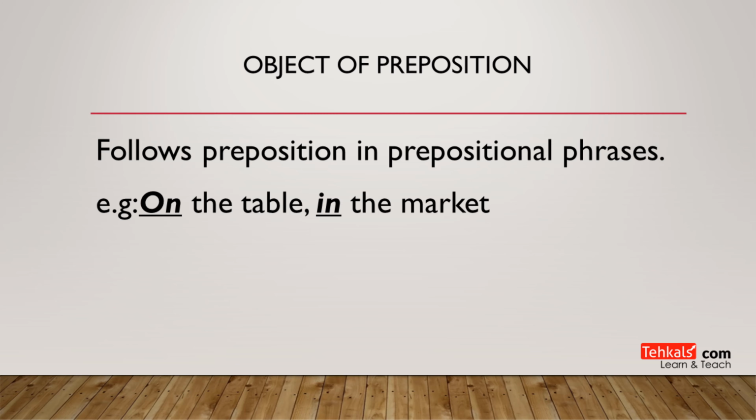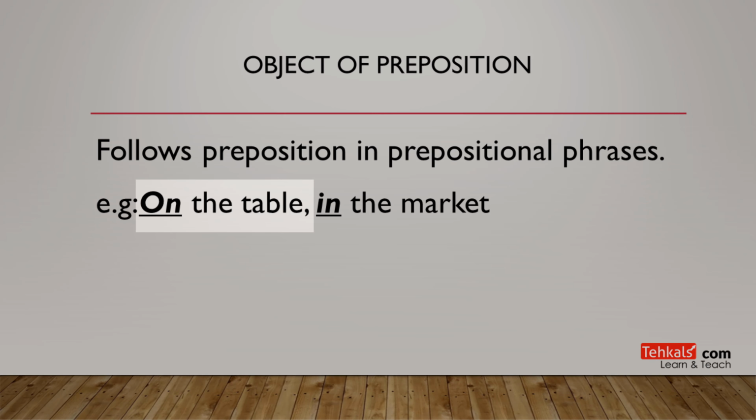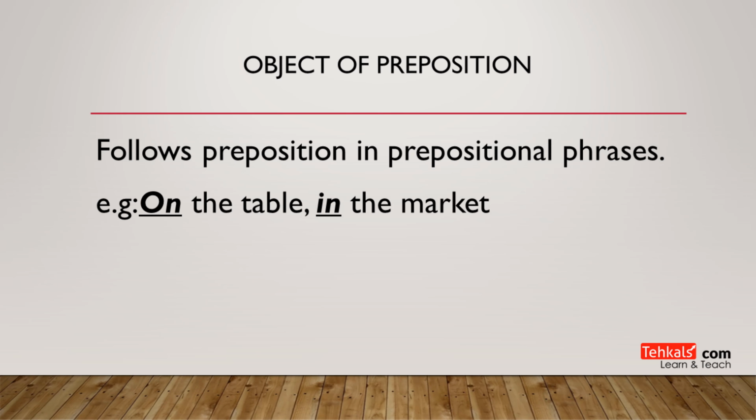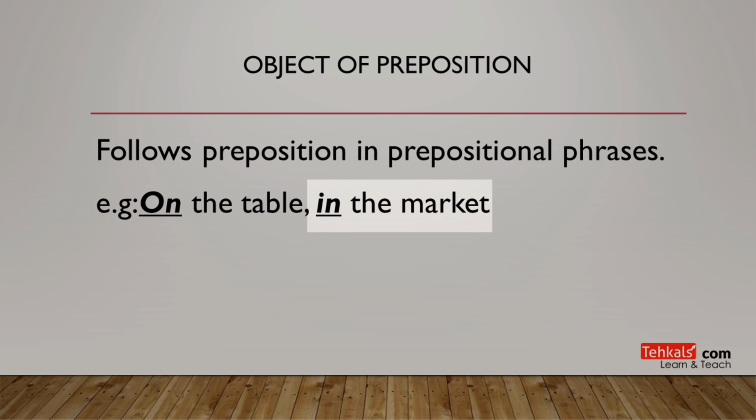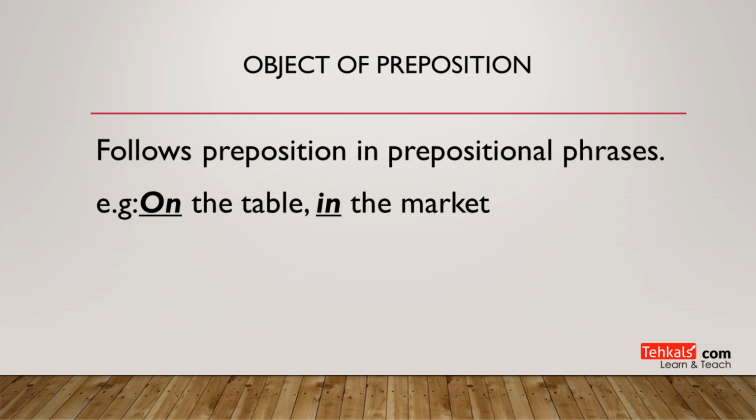For example, if we say on the table, so on the table is a prepositional phrase, and here table is a noun, and this noun functions as the object of the preposition on. Another example will be in the market. In the market is a prepositional phrase, and in this prepositional phrase, the market functions as the object of in. So therefore, here this noun is an object of a preposition.